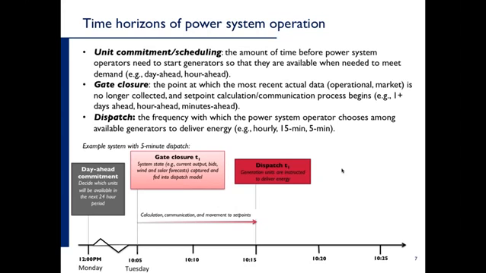Gate closure is that time where I take all the available information and use that to decide what the next dispatch point is. So down at the bottom of this slide, you see an example timeline. And again, this timeline assumes that we are doing a dispatch every 5 minutes. I want to talk through how this might work.